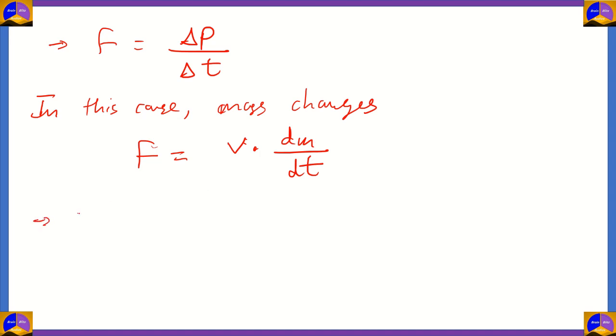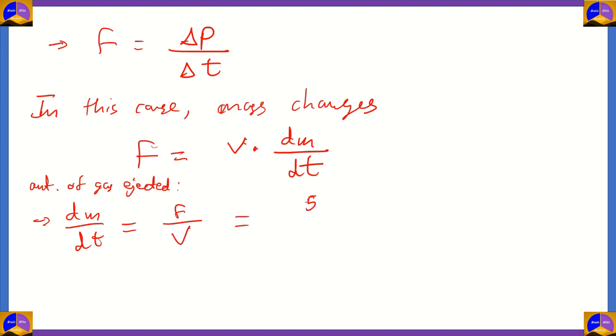So dm by dt will be the amount of gas ejected, which is force divided by velocity. So now we know the value of force, which is 150,000, the initial force, divided by the velocity, which in this case is 800 meters per second.